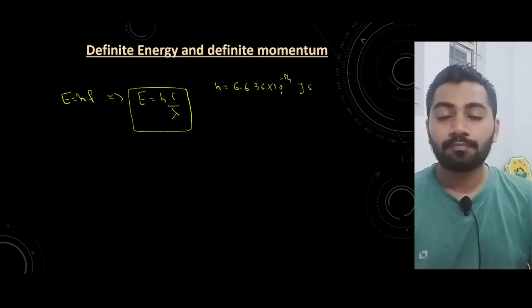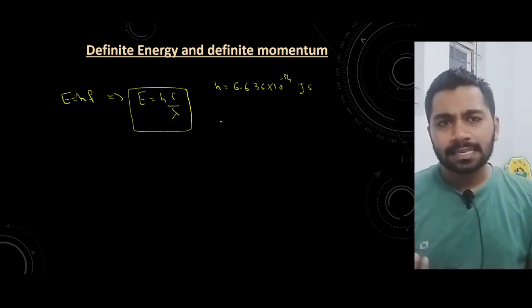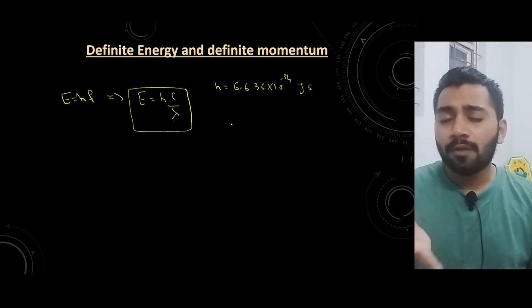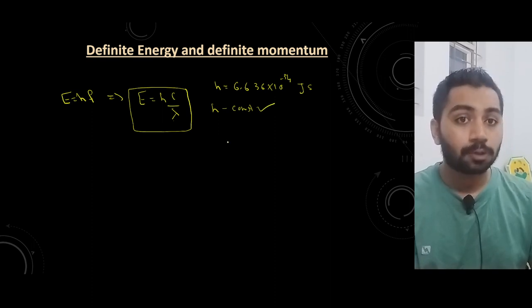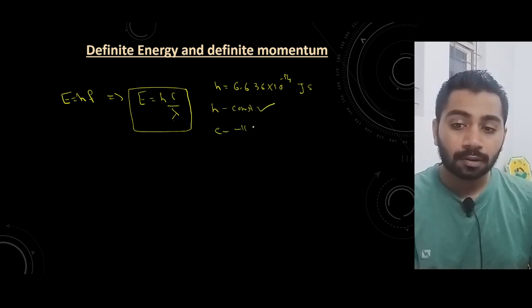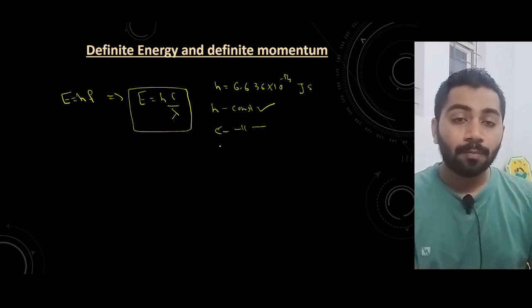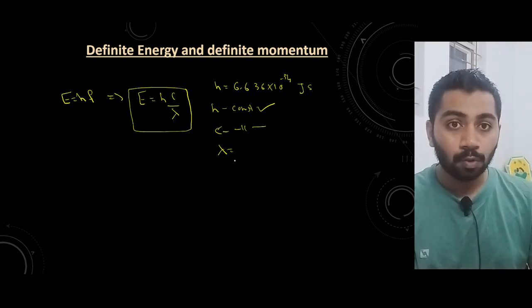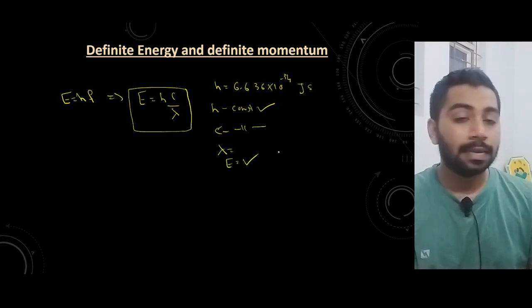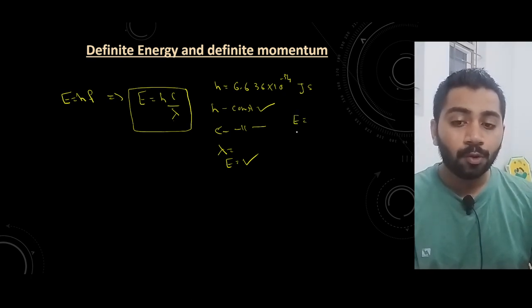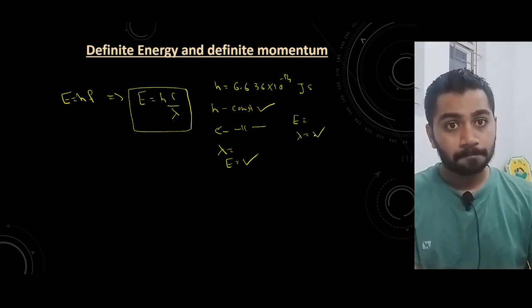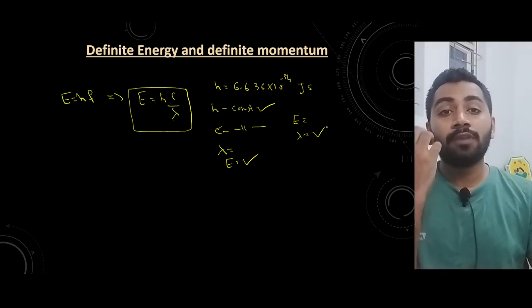We know this value. And in exams they will give you the wavelength. See here, h is constant, c is constant. Now if they give this value, you can find this value. Easy thing. And if they give the E value, you can find the lambda value. Now for this also I will give one shortcut.